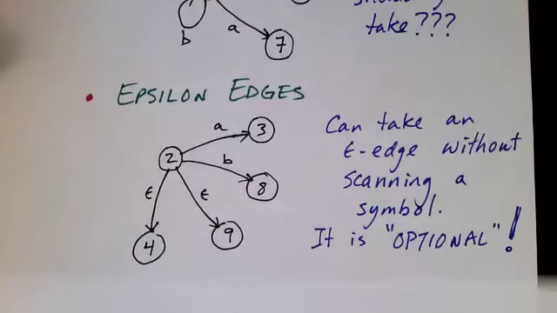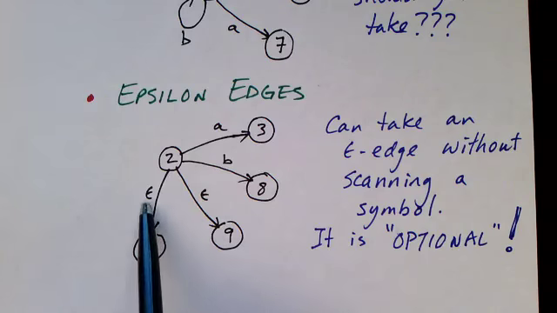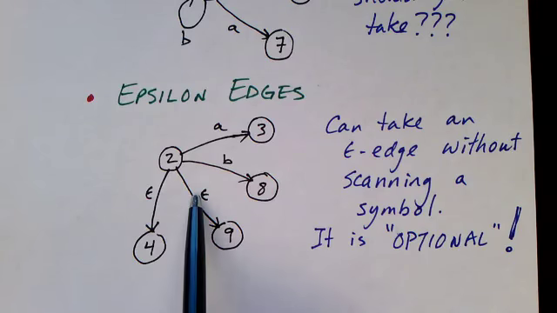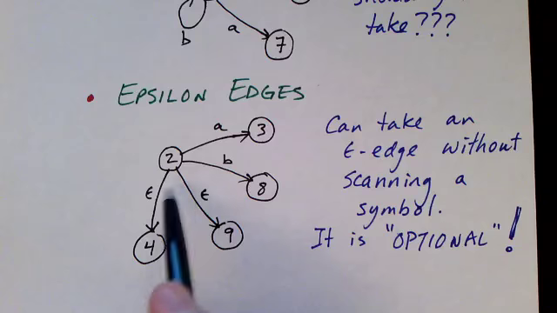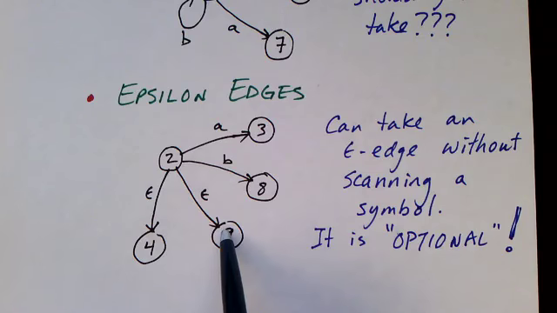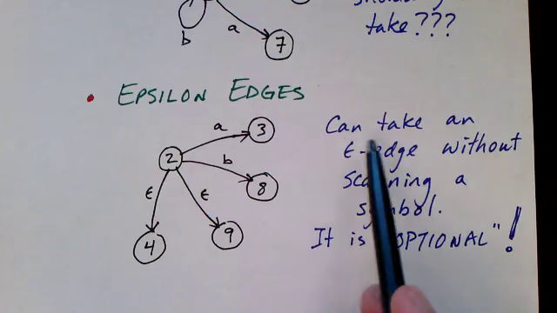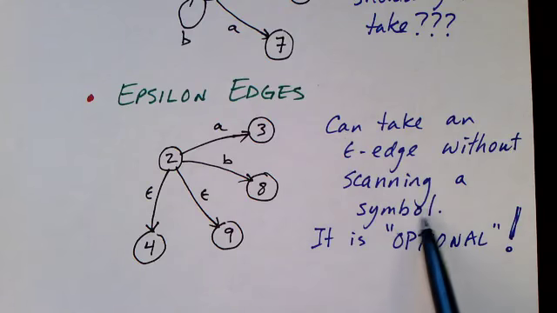We're also going to allow something we call epsilon edges. An epsilon edge is an edge that's labeled with the empty string, or the epsilon symbol. Normally our edges have to be labeled with symbols from the alphabet, but now we're going to allow these epsilon edges. And the idea here is that you can take an epsilon edge without scanning a symbol.